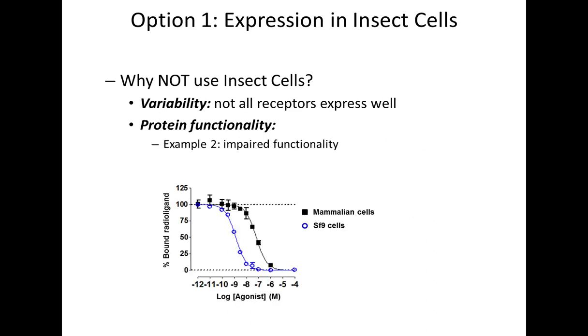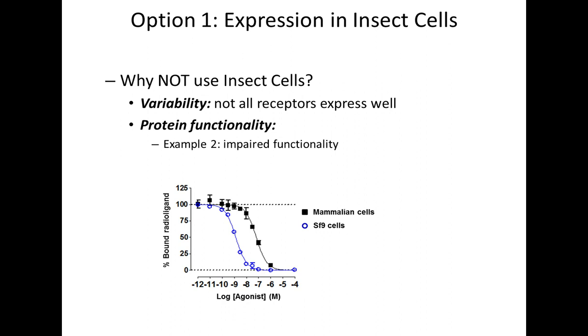In terms of functionality, there's just functional versus non-functional. How do you separate those two after purification? This is an example of one of the receptors that we've worked on, where the ability of a ligand to bind to the receptor can vary substantially between mammalian cells and SF9 cells.